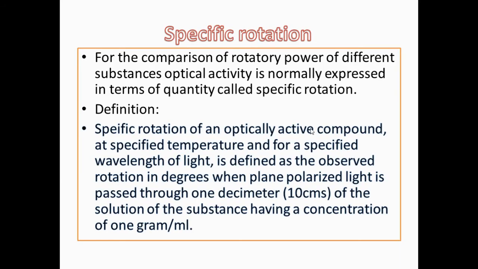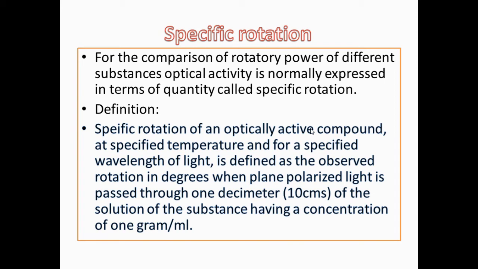So, in order to compare the rotatory power of different substances, optical activity is normally expressed in terms of a quantity called specific rotation. The optical rotation of an optically active substance is expressed in terms of specific rotation.